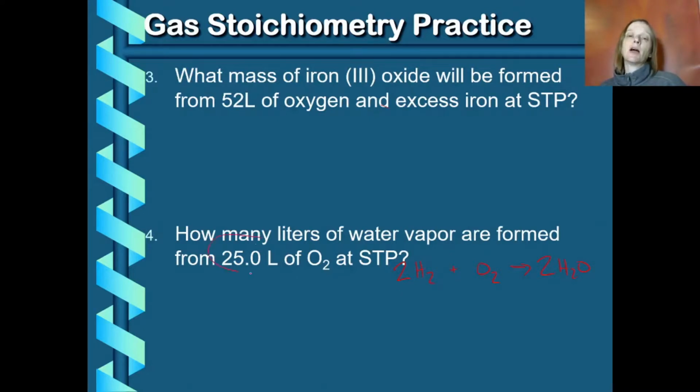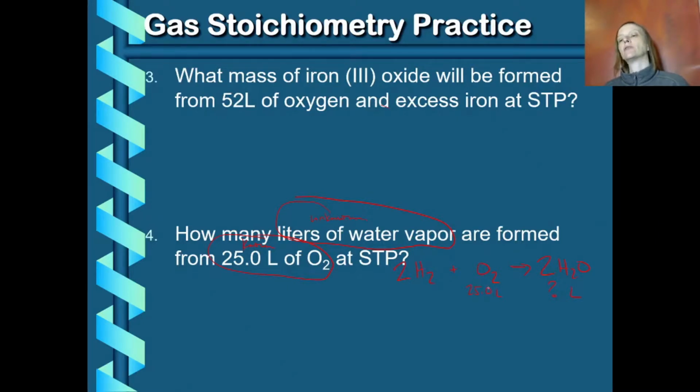And in this example, I'm starting with 25 liters of oxygen. And I want to know how many liters of water vapor, so a gas, how many liters of gas I can make. I'm starting with 25.0 liters of oxygen, and I'm trying to calculate how many liters of water vapor I can create.